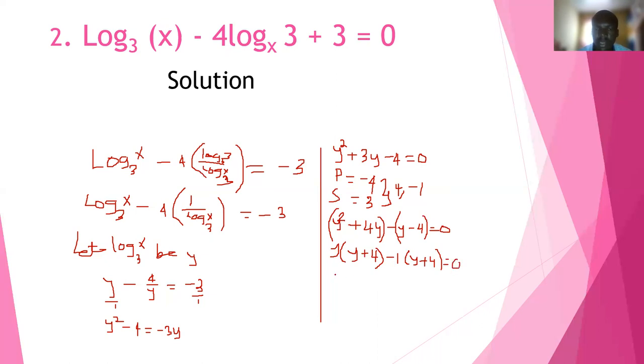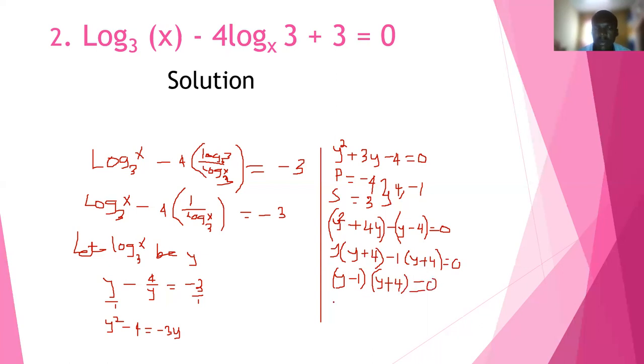So we'll have y minus 1 into y plus 4 is equals to 0.